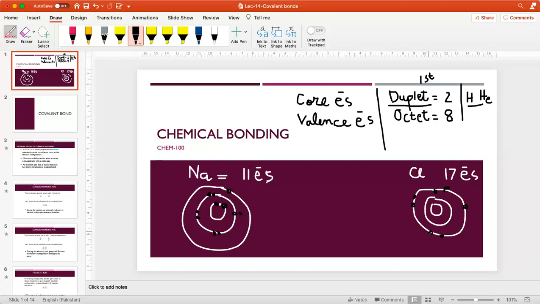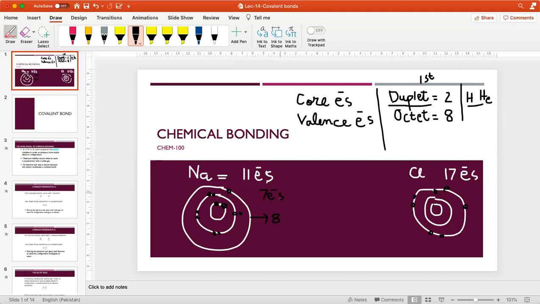Now, what's the point here? The maximum capacity of the electrons here is 8, and there is only 1 electron, so 7 electrons are needed. Sodium needs 7 electrons to become stable.